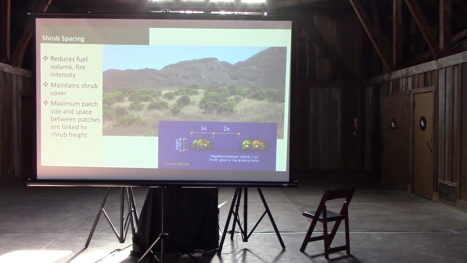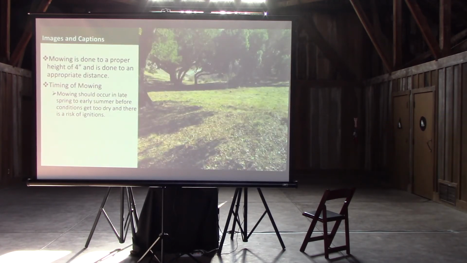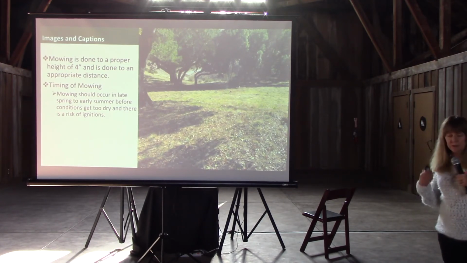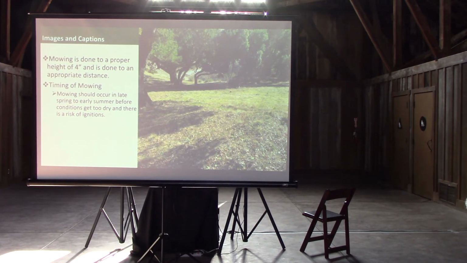Shrub spacing, we've talked a lot about that. You've seen this diagram. This is going to show up in all of our fuel management plans. Mowing. In these fuel management plans, we show you areas that need improvement. We also show you areas that look good. So we might say that mowing's done to a proper height of 4 inches, and they're doing it to an appropriate distance.